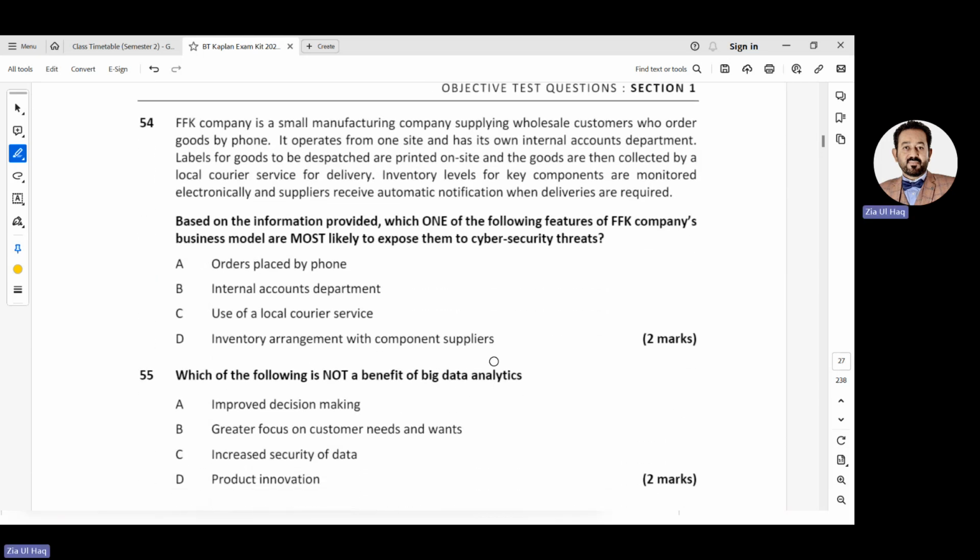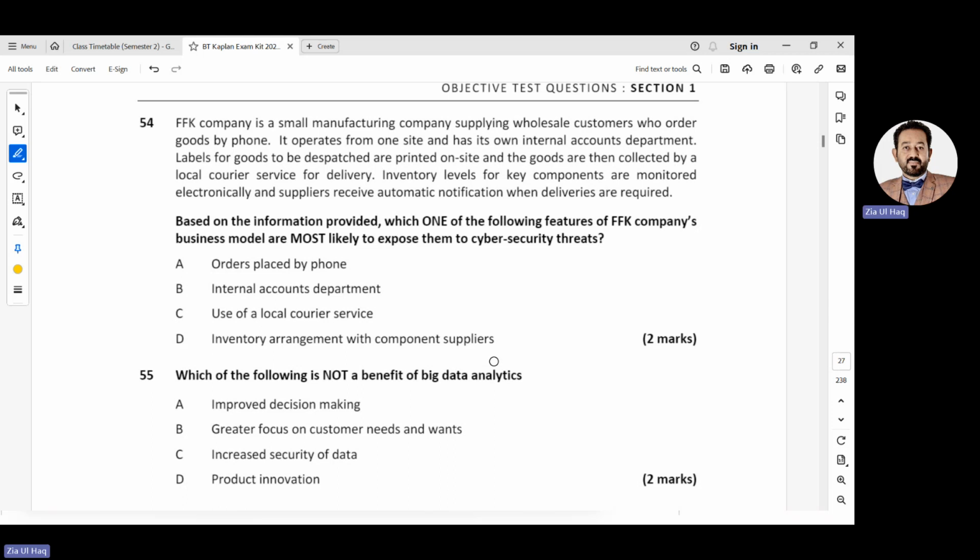54. FFK company is a small manufacturing company supplying wholesale customer who order goods by phone. The company selling wholesale products, taking order through phone. It operates from one site and has its own internal accounts department. Labels for good to be dispatched are printed on site and the goods are then collected by a local courier service for delivery.